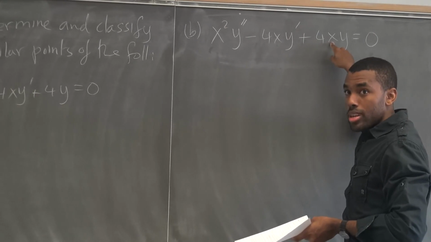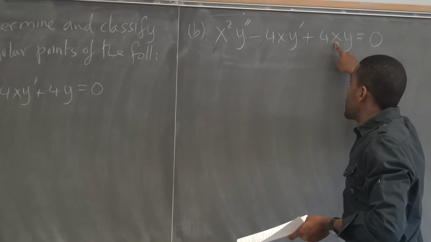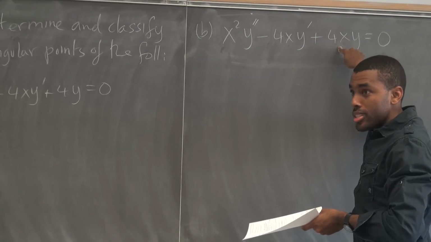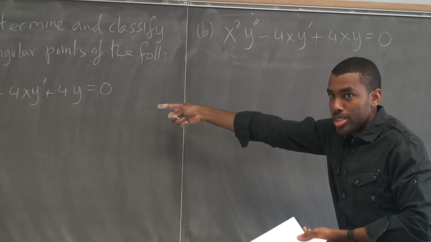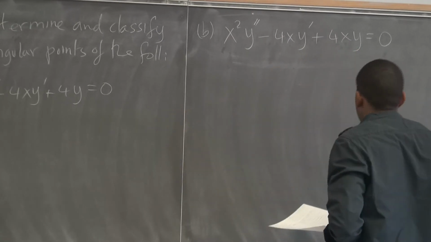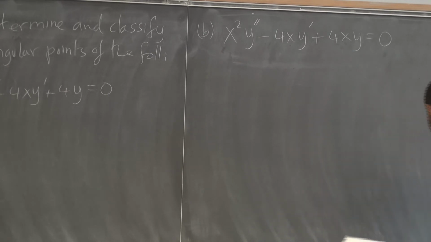If this x wasn't there, it would be an Euler equation. This is the kind of guy we can solve with series. That kind of guy we don't need series, just use y equals x to the r. But that's coming attraction.